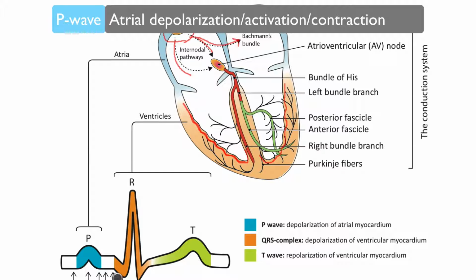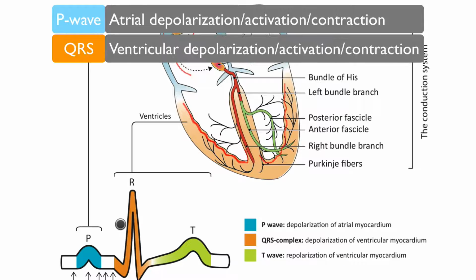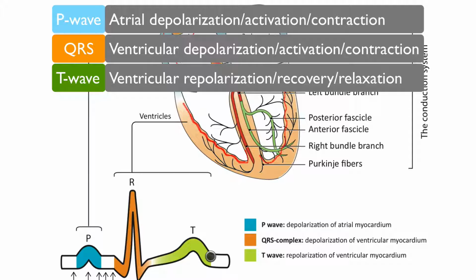The QRS complex, which is this complex depicted in orange, reflects the depolarization of the ventricles. Again, depolarization is the same as activation or contraction. So the Q, R, and S waves reflect the ventricular contraction or ventricular activation. Then finally comes the T wave. And the T wave reflects the repolarization or the recovery of the ventricular myocardium.